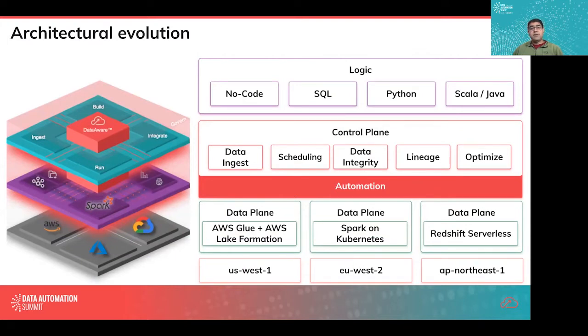So we've come to recognize that over time, as these cloud offerings for orchestration of Spark, like AWS Glue, and data warehouses like Redshift, and even data catalogs like the Glue catalog, get increasingly sophisticated and much more easy to use and spin up and provision and scale.